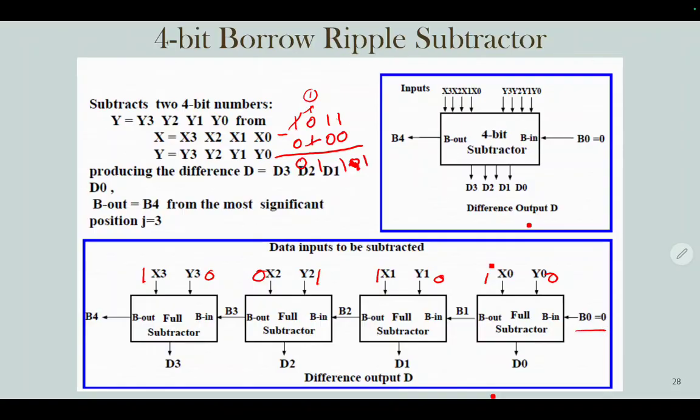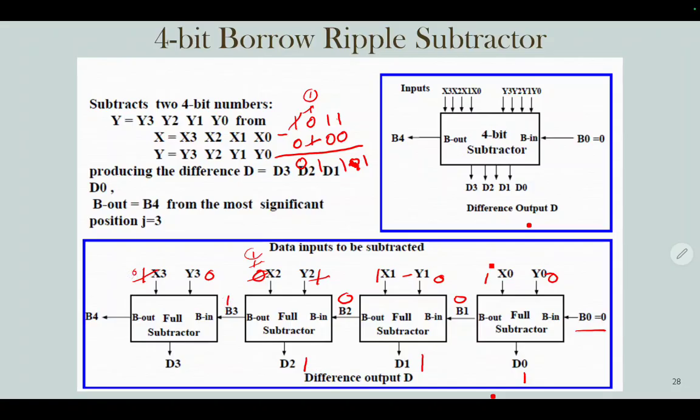1 minus 0 equals 1, so nothing to borrow, B1 equals 0. 1 minus 0 equals 1, so you don't have to borrow, B2 equals 0. 0 minus 1, you have to borrow from here, so you get 1 1 over here, and 1 minus 1 equals 0. The borrow here is 1.